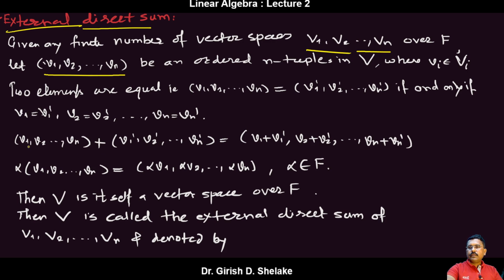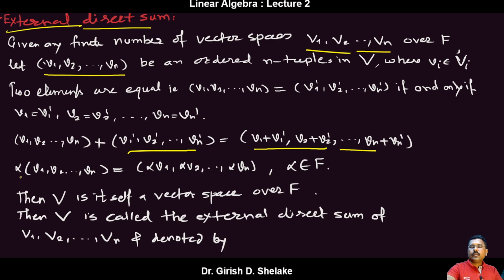And if we add two elements in V, then addition is defined as follows: the first n-tuple (v1, v2, and so on vn), and we have a second n-tuple in the space, then their addition is defined componentwise.